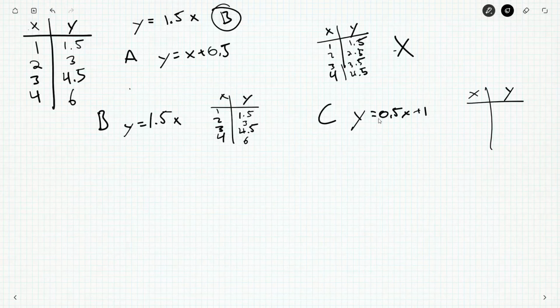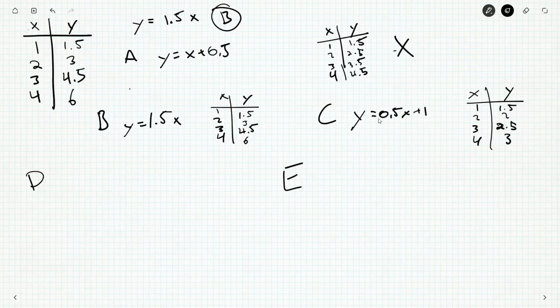So x, we have y. All right, so 1, 2, 3, 4. 1 times 0.5 is 0.5 plus 1 is 1.5. 2 times 0.5 is 1 plus another 1 is 2. So already it's failed. Do we even need to bother filling this in? We don't, but I'm going to do it just really quickly.